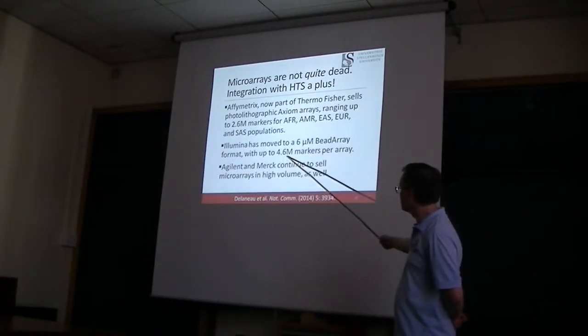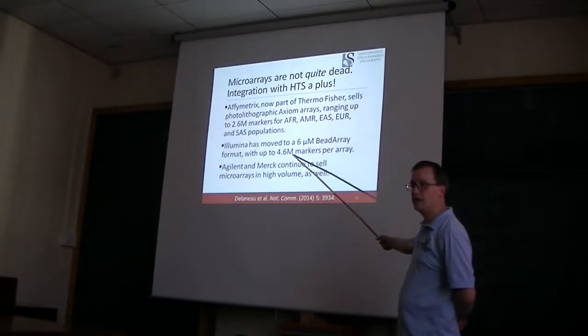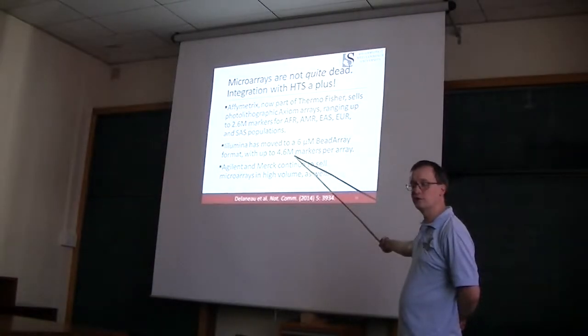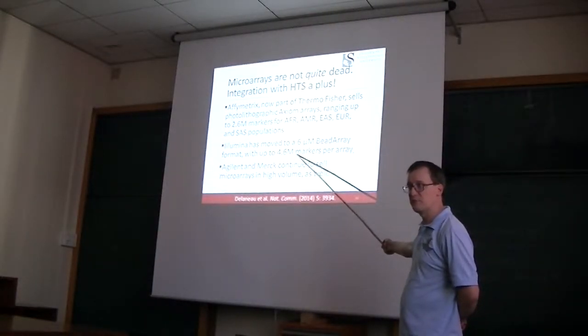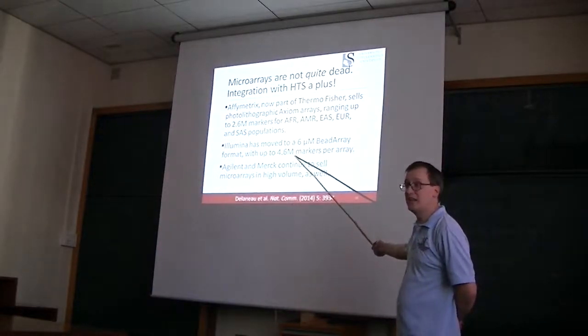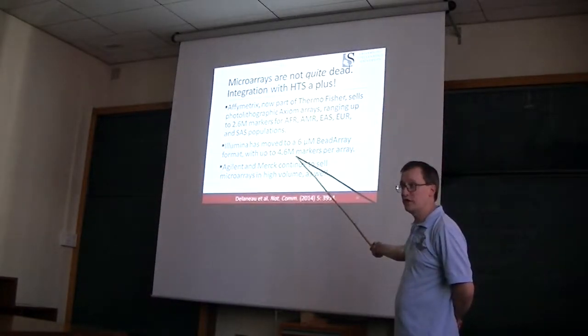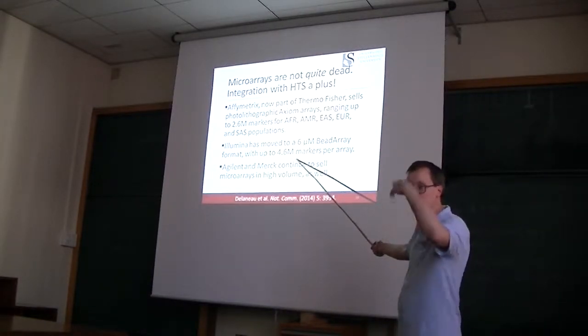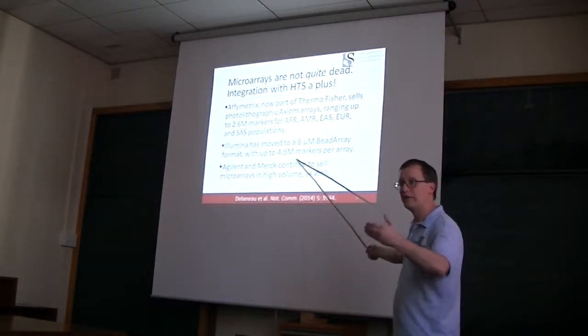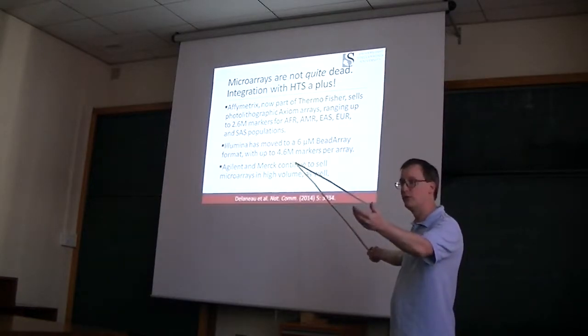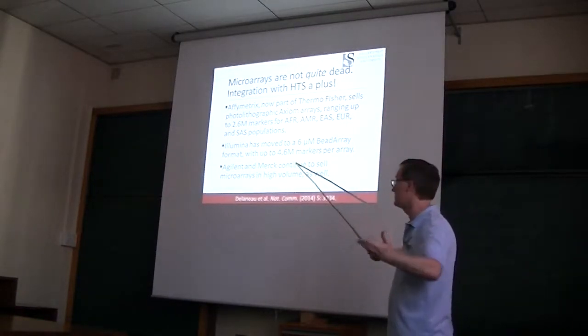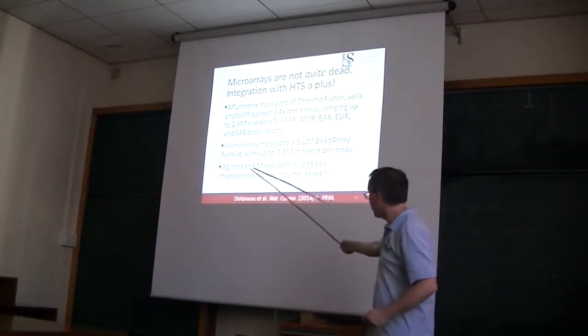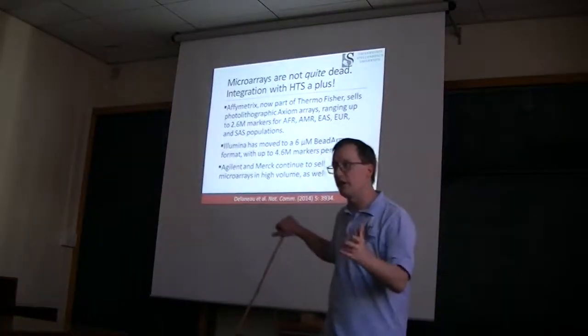In other words, if there's no bead in Illumina that looks for variation at a particular SNP, you're not going to be getting any information back on whether or not that location is present. You won't be getting any genotyping information back on that location. You have to have a bead for the alleles that you want to measure, or you just fail to get any information. And Agilent and Merck also sell microarrays in pretty high volume as well.